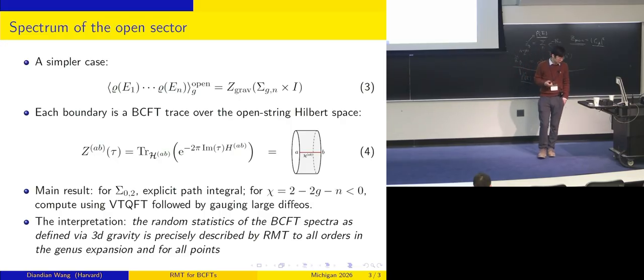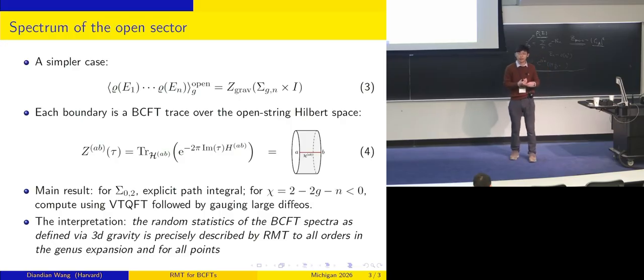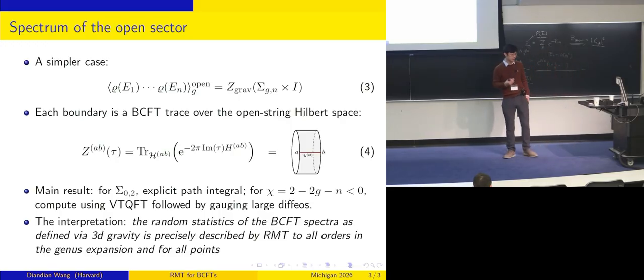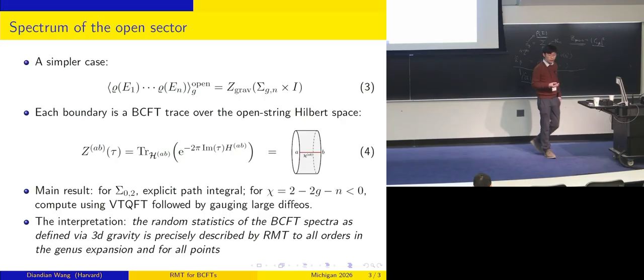The main result is that for sigma 02, genus 0 with 2 boundaries, the analog of the torus wormhole or the Cotler-Jensen wormhole, we have to do an explicit path integral. It's very similar to what they did, but for the open case. It turns out that for Riemann surfaces with a negative Euler characteristic, you don't have to do the path integral explicitly, because there is a trick using Virasoro TQFT to compute the path integral as an inner product.